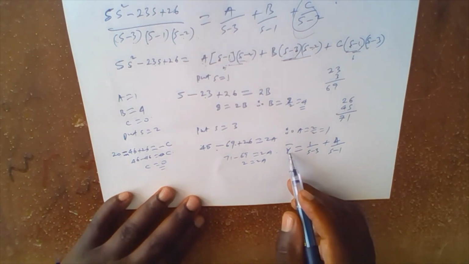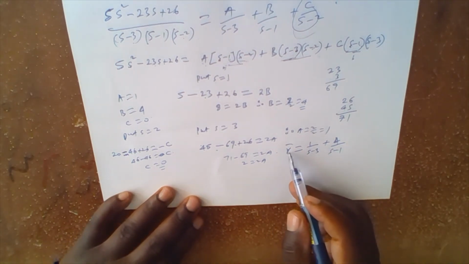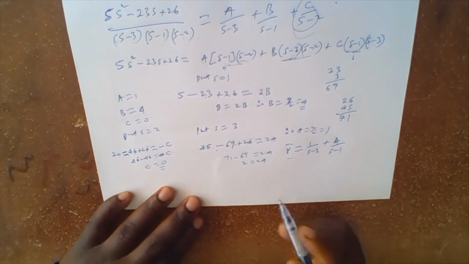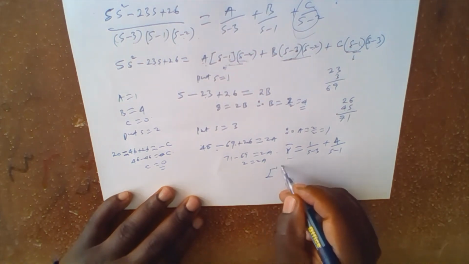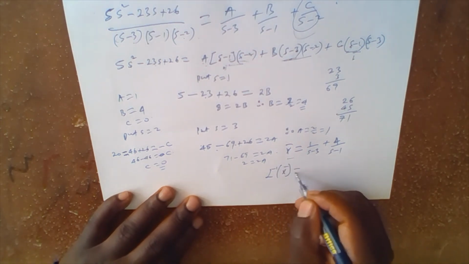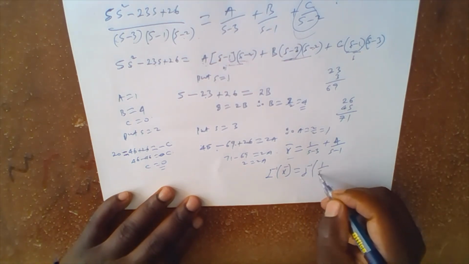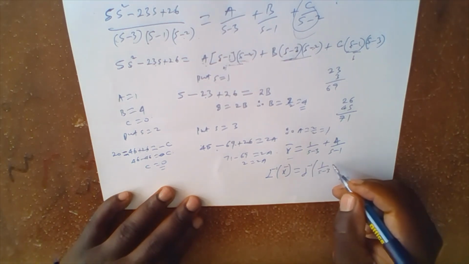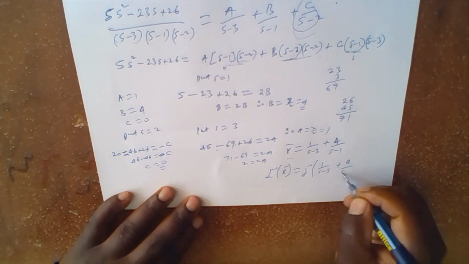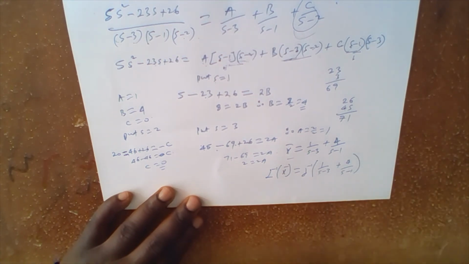To get the value of x, we get the inverse Laplace transform of this equation. The inverse of X bar equals the inverse of 1 over s minus 3 plus 4 over s minus 1.